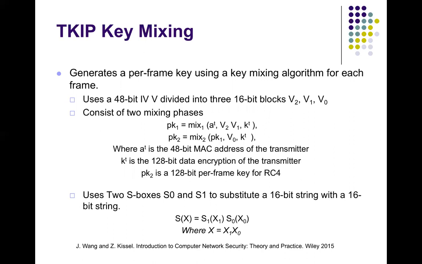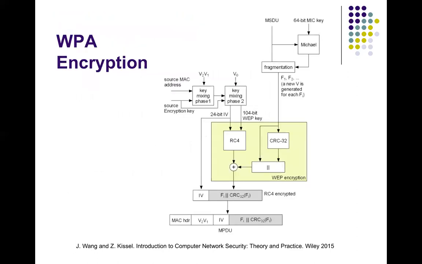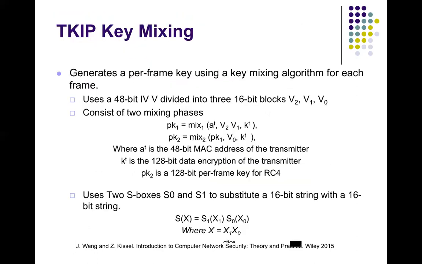And that 48 bits is divided into 3 16-bit blocks, call them V sub 2, V sub 1, V sub 0. And it consists of 2 mixing phases.